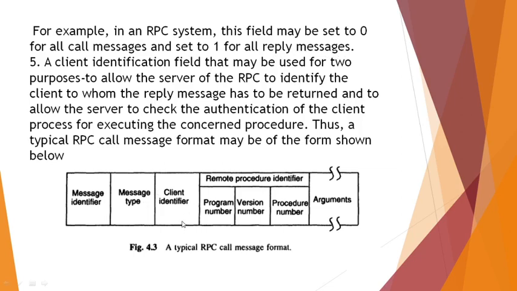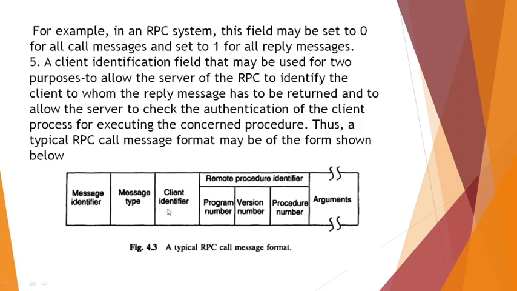The next one is the client identifier. A client identification field is used for two purposes: to allow the server of the RPC to identify the client, meaning to whom it is sending the reply, and to allow the server to check the authentication of the client. Is this request coming from an authenticated client or not?